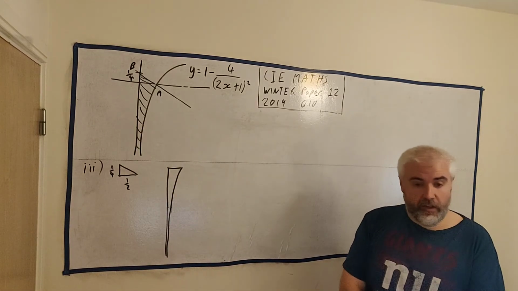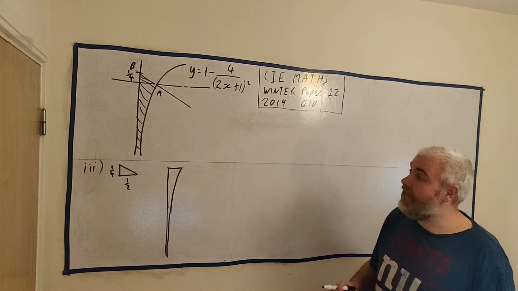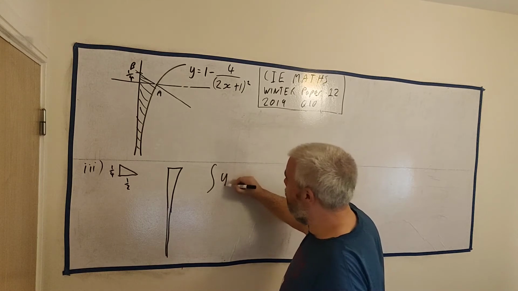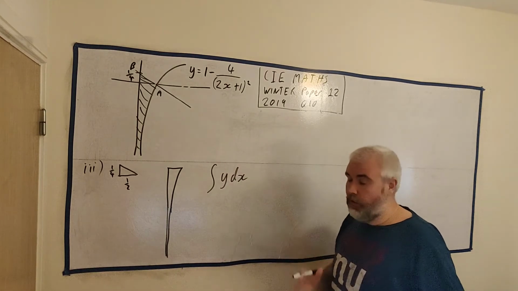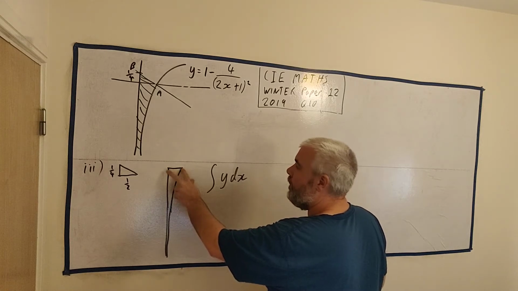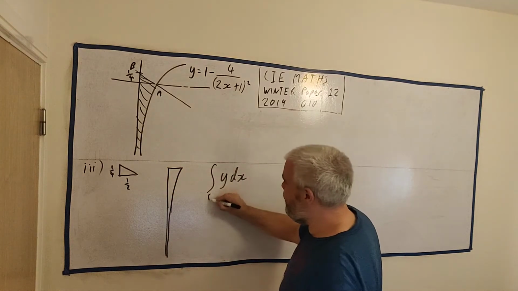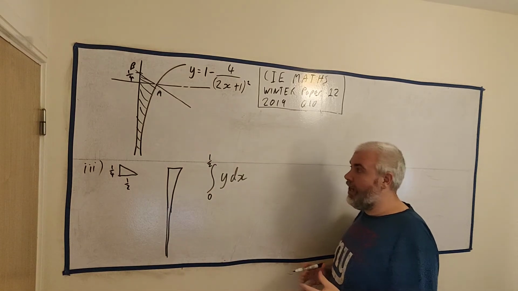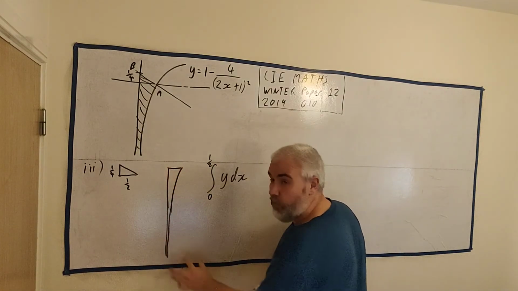But we can get the area of it. All we need to do is integrate the curve, and we've already done that. We can find dy dx. Luckily, we've done this in part 1, and all we need to do is go between 2 points. So we need to go from 0 to a half. Now that'll actually give us a minus answer, because it's below the curve.